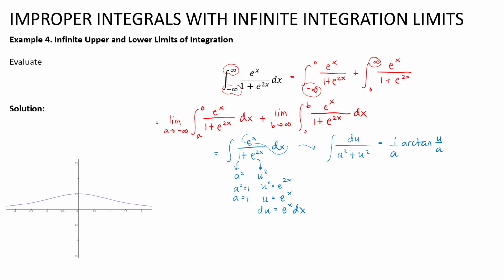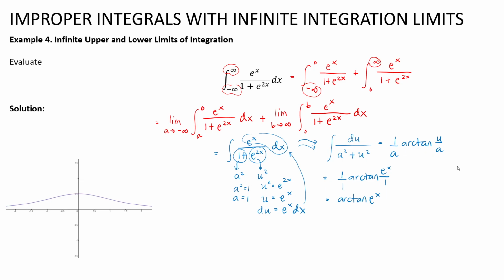Notice that every term can be replaced in the equation. Simplifying, we now have 1 over 1 arctangent e to the power of x over 1. To make it simple, this is arctangent e raised to the power of x, and that will be your integral.